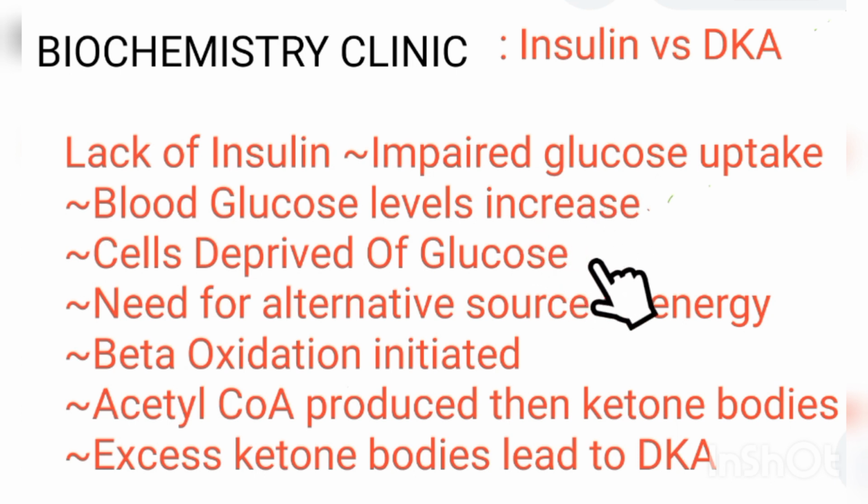And because the cells are deprived of glucose, they need to survive. The cells need the energy, and that's where the need for an alternative source of energy production comes in. And of course, there are a number of pathways that are initiated during this survival period.